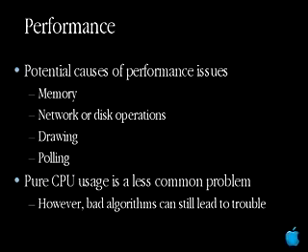In the context of a Cocoa application, and in general Mac OS X as well, there are certain causes for performance issues: memory, or the lack thereof, network or disk operations, or too much of them, too much drawing, and polling. These turn out to be major concerns. Pure CPU usage is rarely the problem. Typically if your application is slow, you're rarely going to find that it's because of lack of CPU power. But of course it happens. Bad algorithms can strike anywhere.